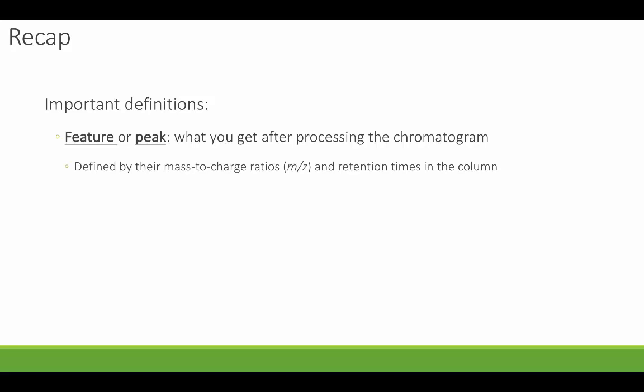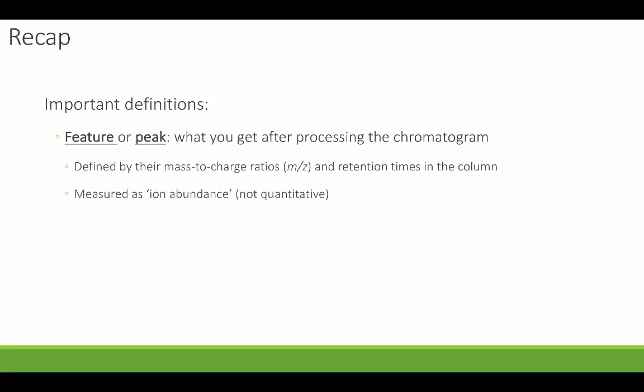To review the important terms that we went over today, the first is what is known as the feature or the peak. This is what you get after processing the chromatogram. These are in the spreadsheet as the rows, which are defined by their m/z or mass to charge, and the retention times in the column.